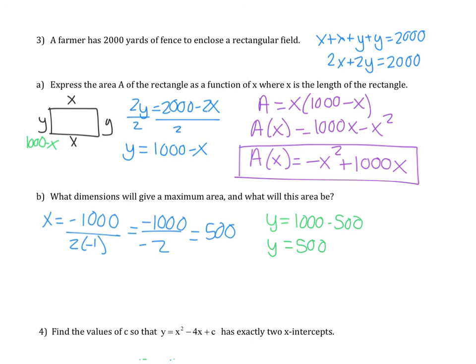So my maximum happens when x is 500 and y is also 500, but then they also want to know what the area will be. So when I find area, length times width, I'm just doing 500 times 500. I get that the area would be 25 with 4 zeros on the end of there, so 250,000 yards squared.